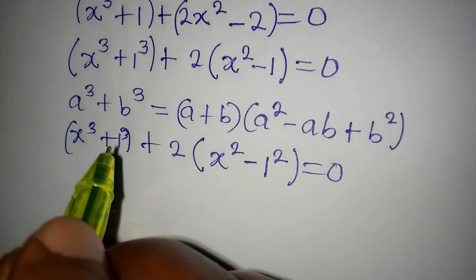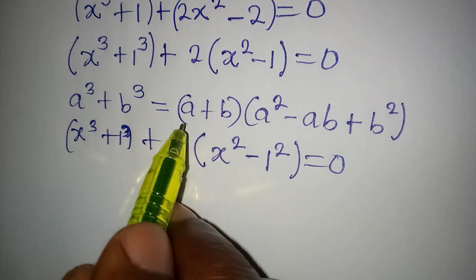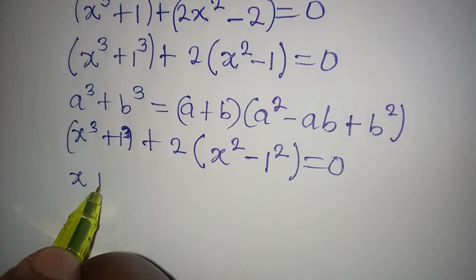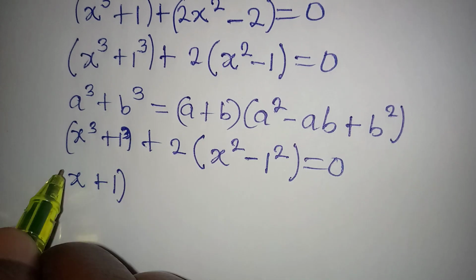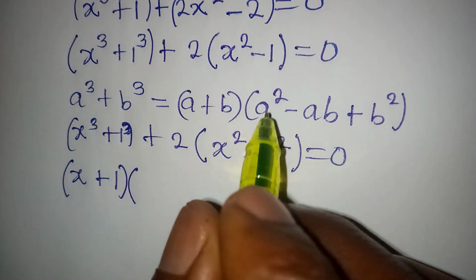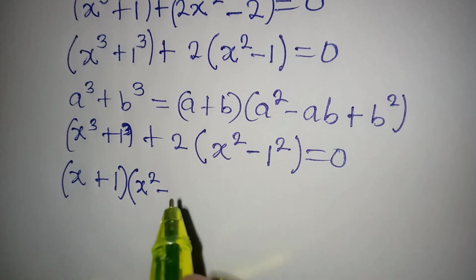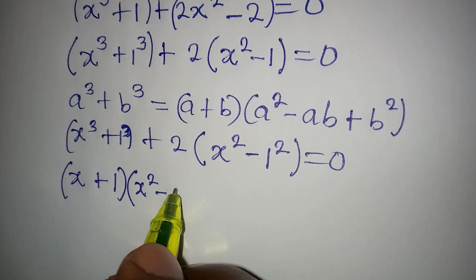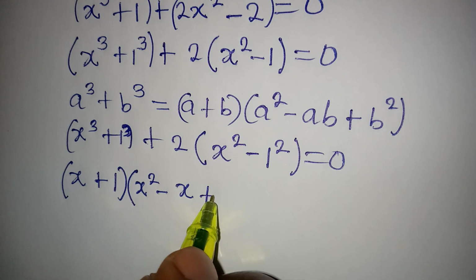Now, to deal with this term, remember we have 3 in here. To deal with this, our a is x. So we're going to have x plus b. Our b is 1. So I'm going to have 1 here. Then a is still x, so we have x squared minus a is x and b is 1. So it's going to be 1 times x. That will still be x. Then plus b squared.